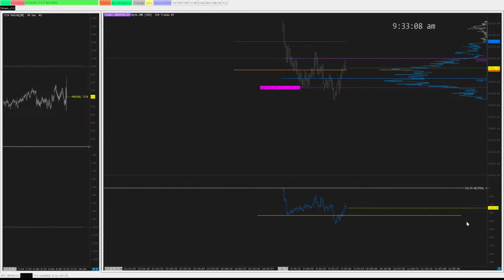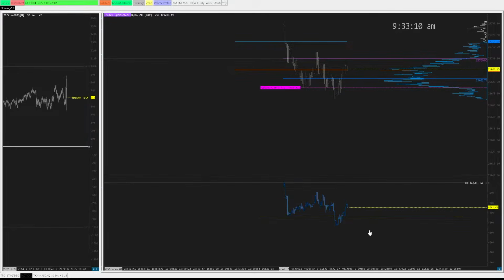Sometimes this battle can take a little bit to flesh out here. But we do have order flow alignment, right? We've got order flips. That drew that on the other chart. We do have order flow alignment, right?